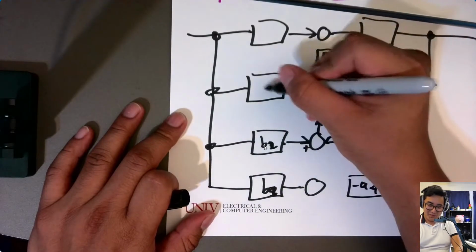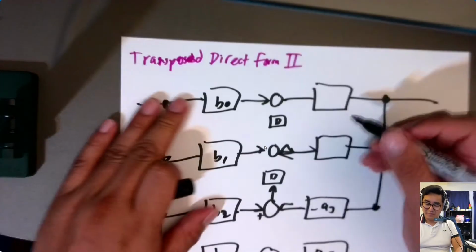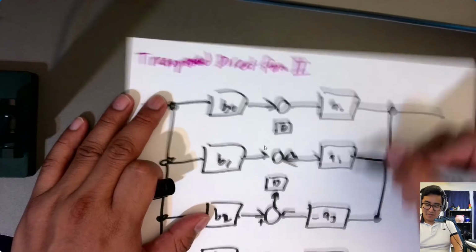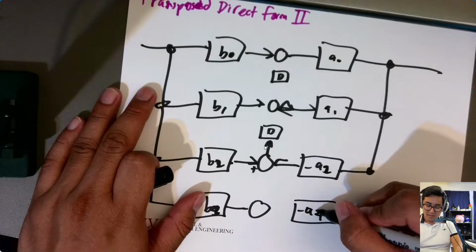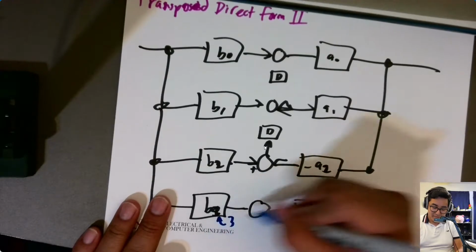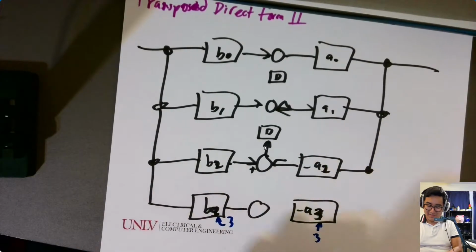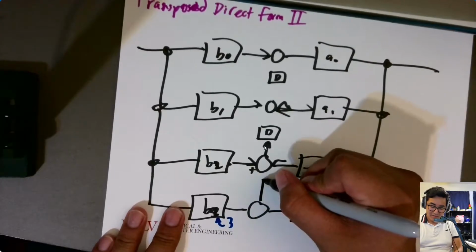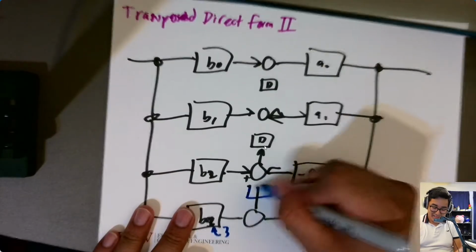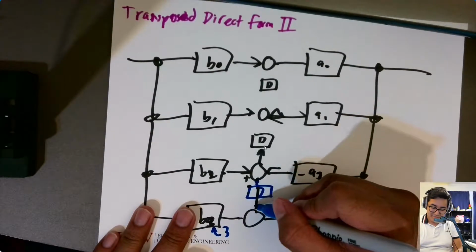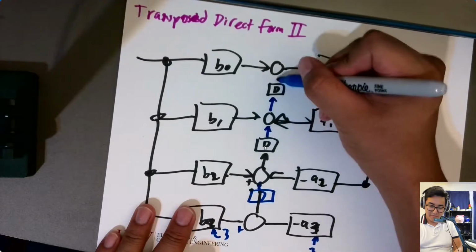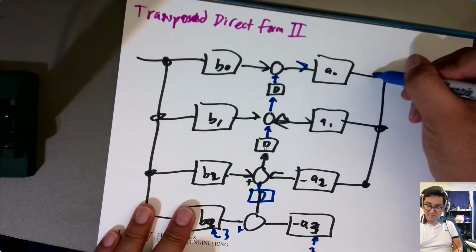B2, B1, B0, A0, A1, A2, A3. There we go. And then D, and plus, plus, plus. And then this goes here.